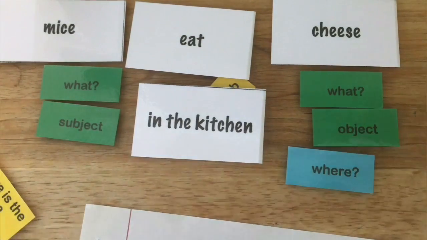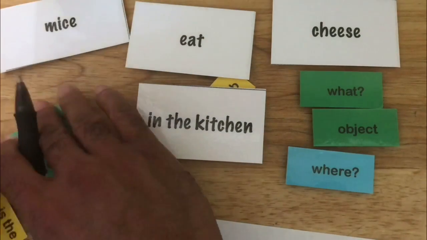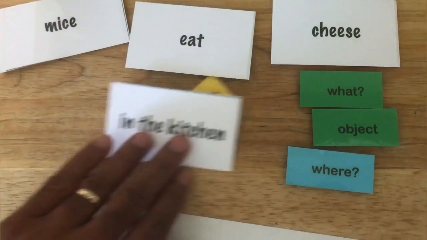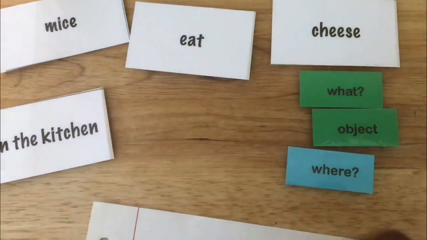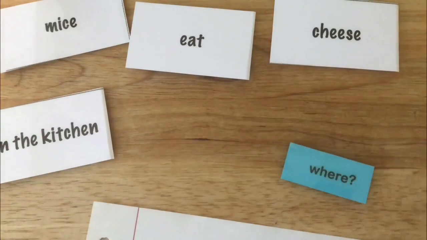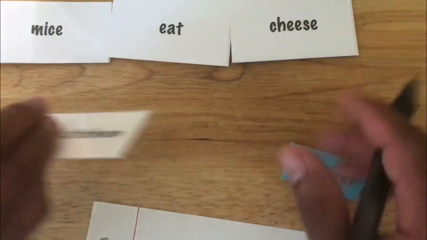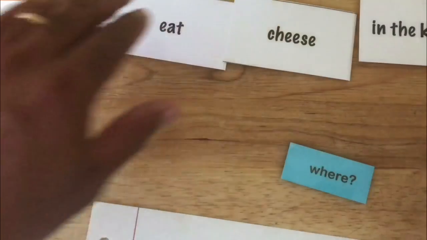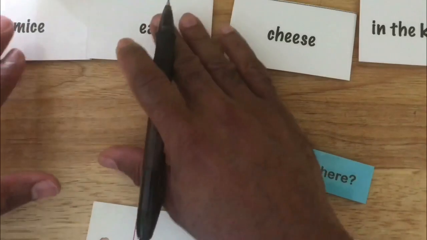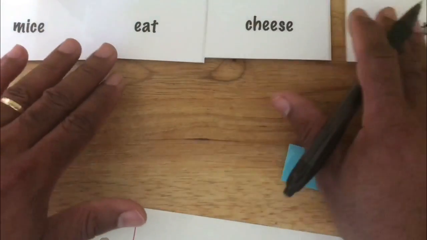Mice eat cheese in the kitchen. I'm going to remove these subject cards here because you know what my labels are already. Let me get rid of these for a second. All right. So now I have mice eat cheese where? In the kitchen. So notice how my sentence now is beginning to expand a little bit there, okay?